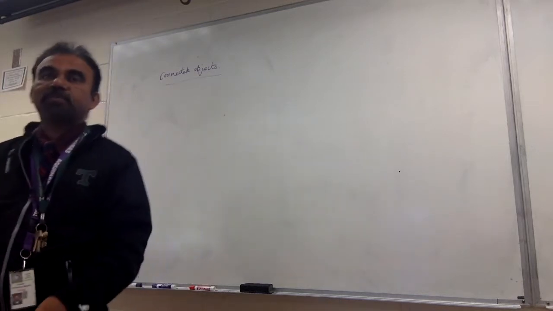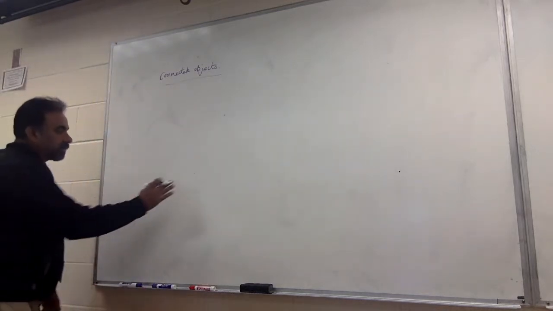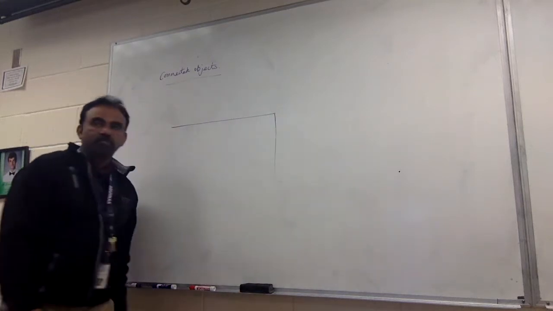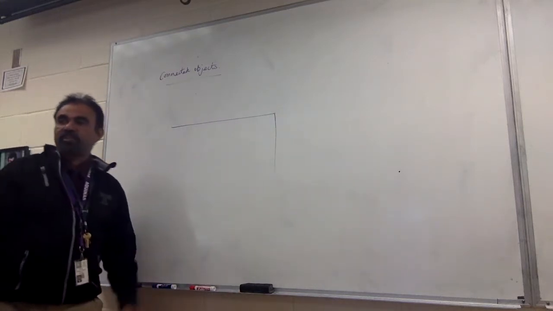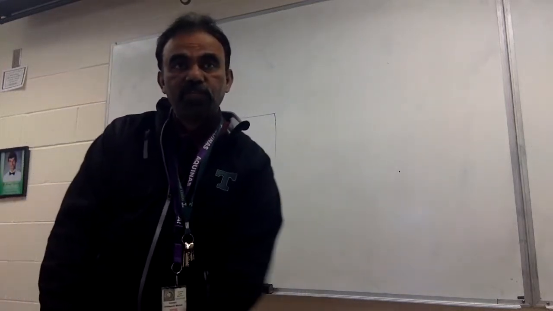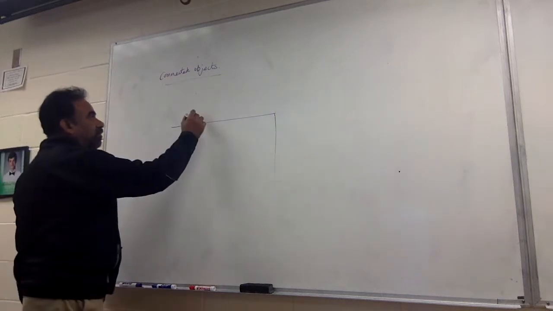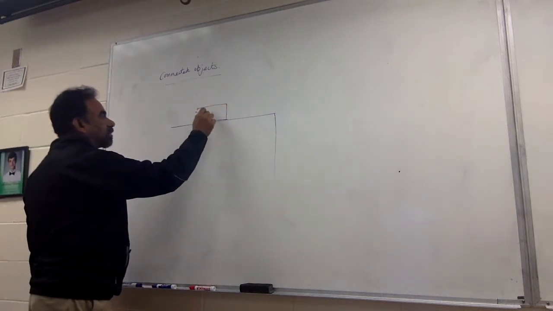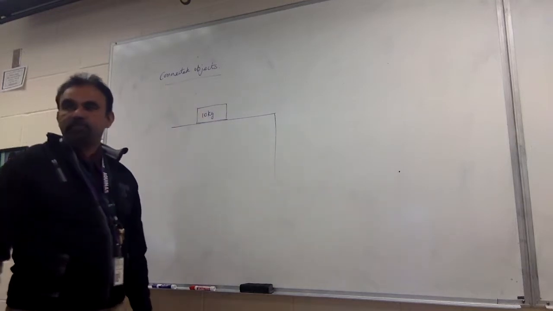Now I'll give you some examples. Let's say this is a tabletop, and let's say there's no friction. On the tabletop, here is a mass of 10 kilograms sitting on it.